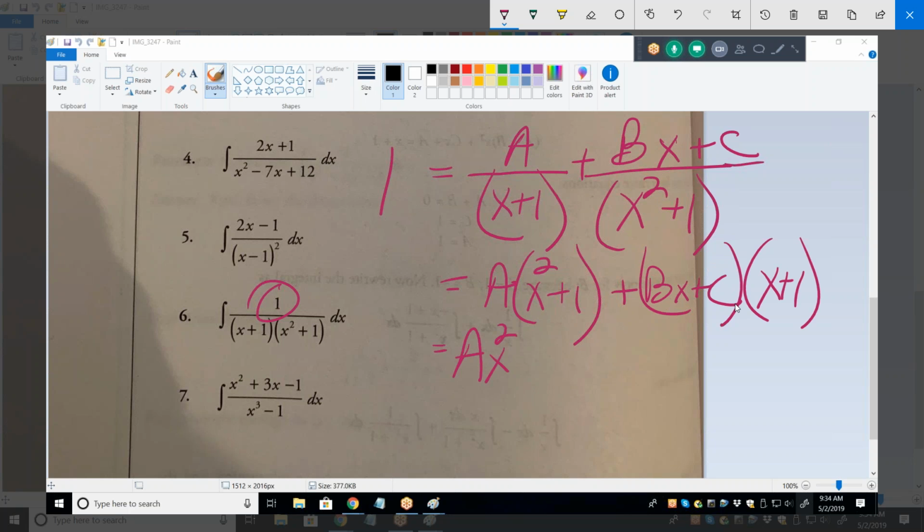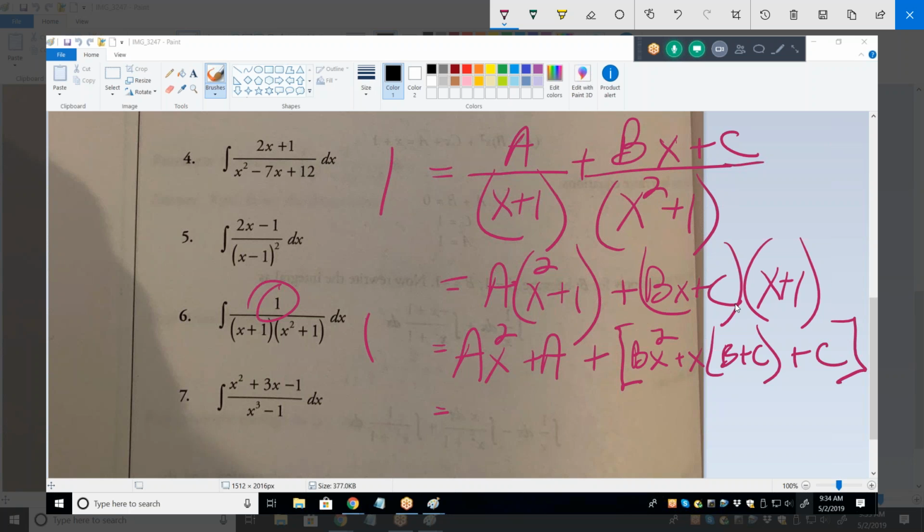Ax squared plus a, plus, let's see, that's bx squared plus bx plus cx. So plus x times b plus c, plus c. Right. Equals 1. And now we want to gather all like terms together.